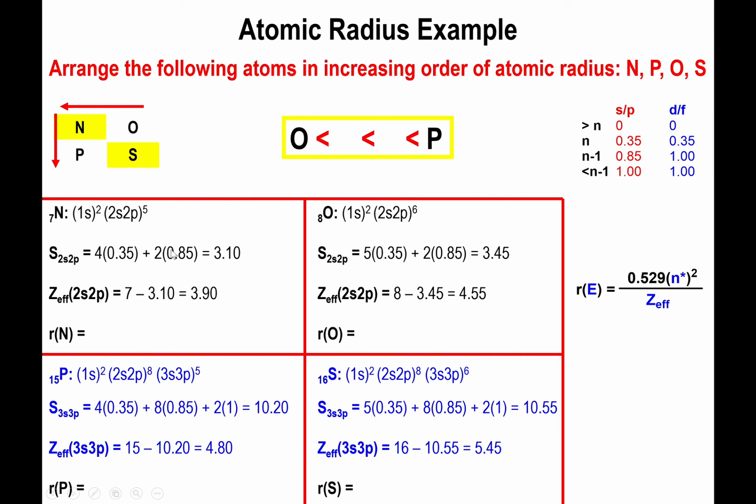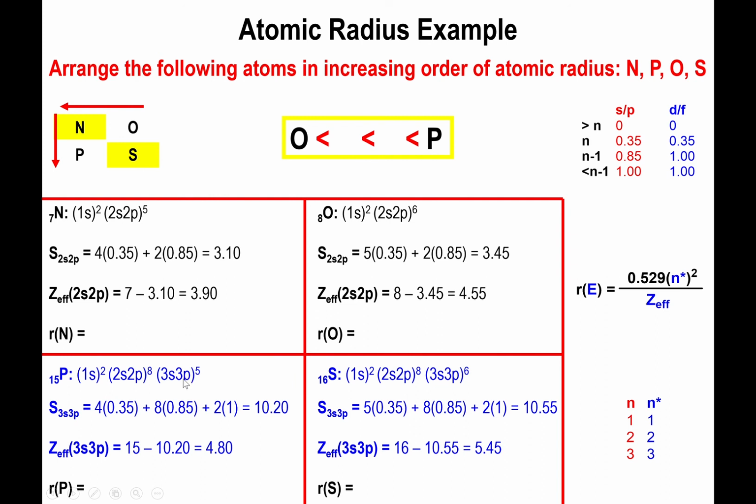Now, a few things to keep in mind. We need to plug in the effective nuclear charge, which are the values we just calculated for each of the elements, but we also need to plug in the value of n star. For n star, we're talking about values that differ from regular n if we go past a value of n equal to 3. But in all the cases here, the valence group is a 2s 2p or a 3s 3p.